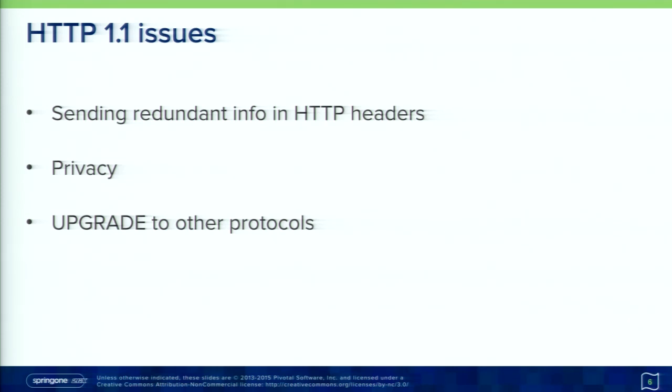Whenever you try to do something else on top of port 80, you run into issues. If you've tried to deploy WebSockets in production, you know that proxies and firewalls can block your traffic, and you have to use the secure version of WebSockets if you don't want to run into those issues.